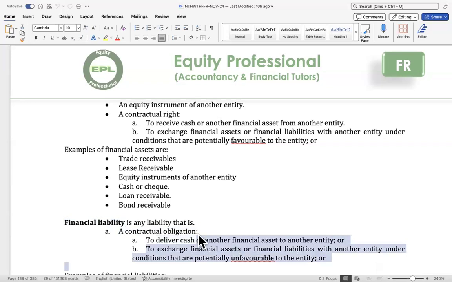But understand financial liability first as a contractual obligation to deliver cash. Then we can expand later. If it's to deliver something else, that one is not a financial liability. So contract liability is not a financial liability.